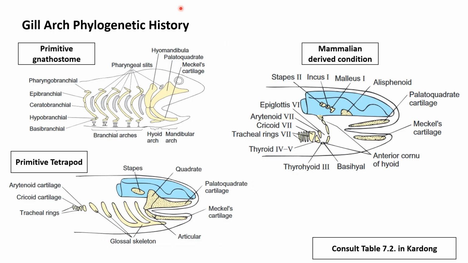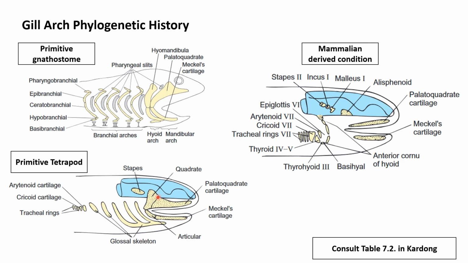I've already mentioned some of the phylogenetic fates of the gill arch components, notably that of the mandibular and hyoid arches. So for example, the hyomandibula was the first to be recruited into the middle ear to become the stapes. The palatoquadrate, here serving as the upper jaw in primitive gnathostomes, gave rise to the quadrate bone.